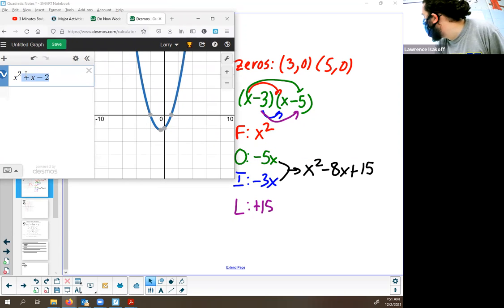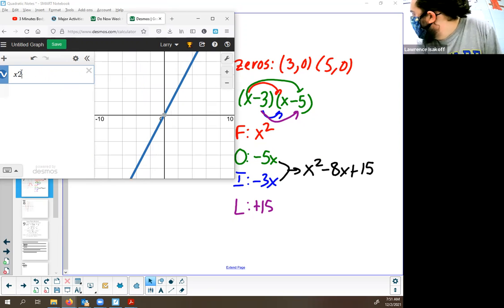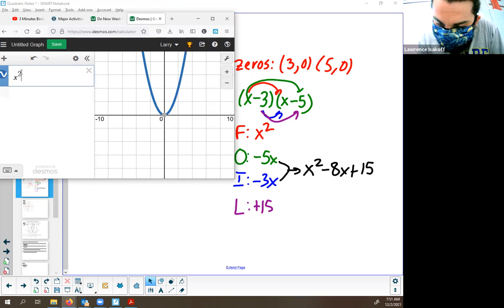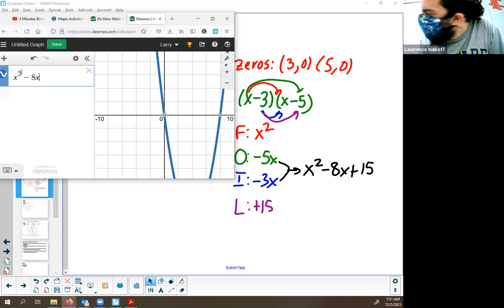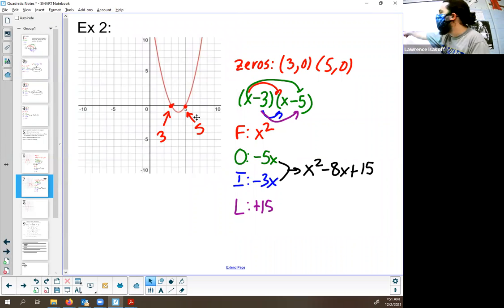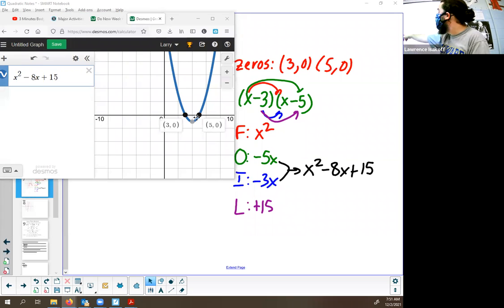So now this one said x squared minus 8x plus 15. So this is what I'm seeing here. Again, I got zeros at 3 and 5, just like I had identified. And now I flip here. Yeah, those graphs are looking the same, so that's looking pretty good.